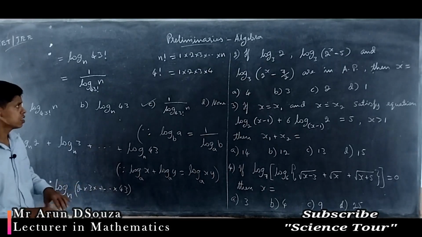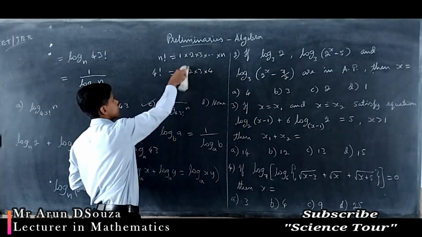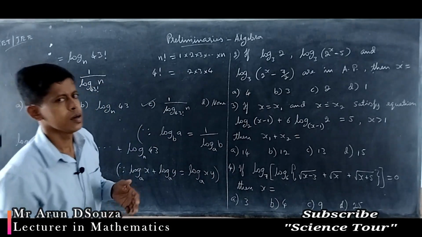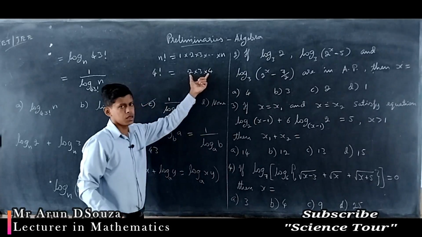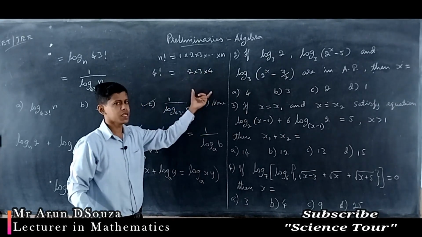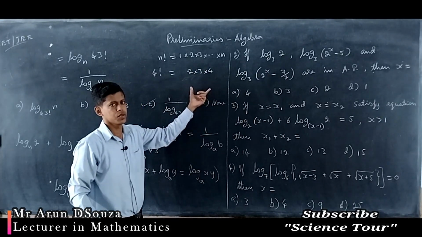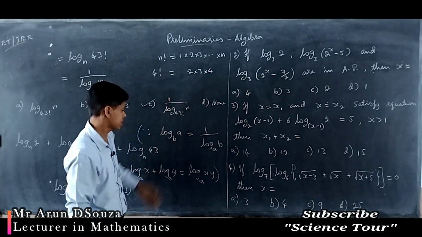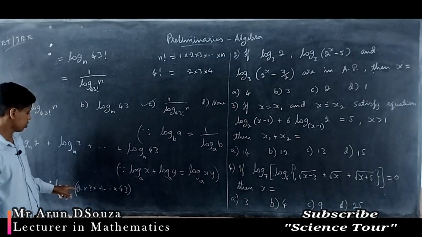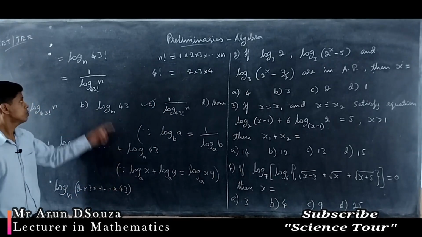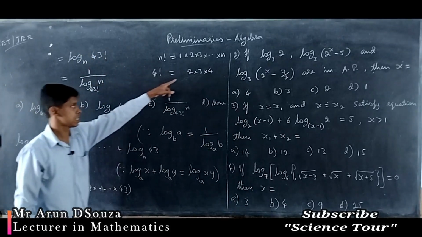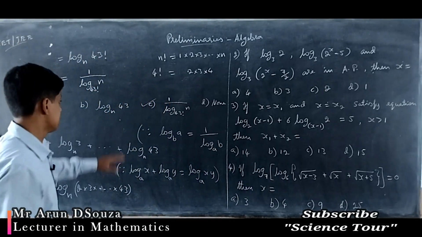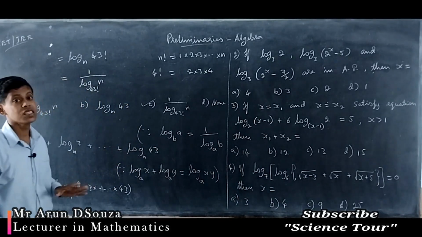Even if 1 is not there, still it will be 4 factorial, because anything multiplied by 1 gives the same thing. So you don't have to write 1 always; it means that 1 is present. Now 2 into 3 into till 43 will be 43 factorial, just like this. So that's the meaning of the factorial notation, and option C is the answer for the first question.